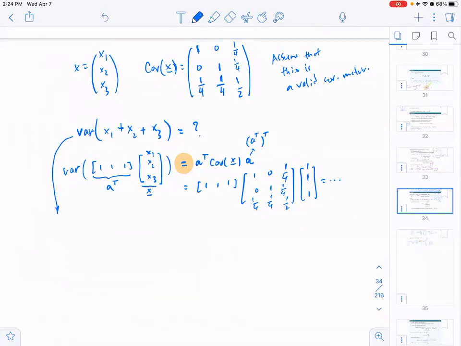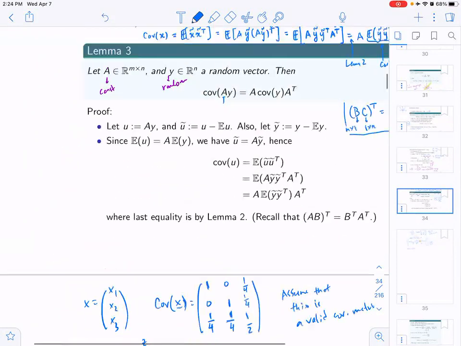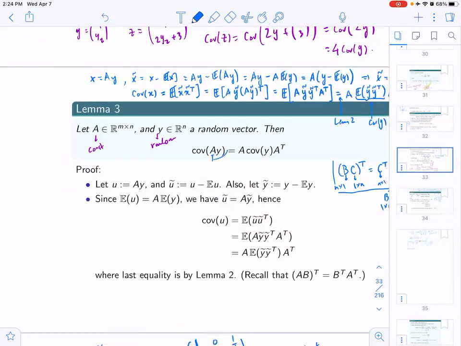Yes. Okay, great. So if I call this a random variable z, the variance of z is the covariance of z and z. But here I'm using the covariance a little bit differently. I mean, if you want to do it, you could write it as the covariance of Ay.